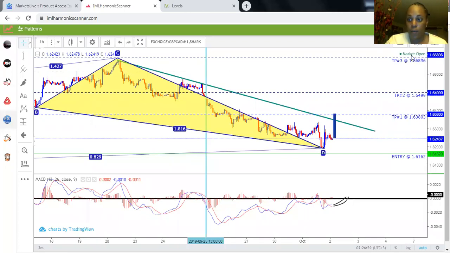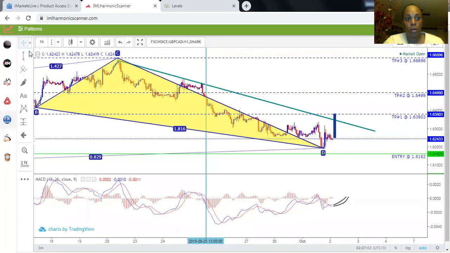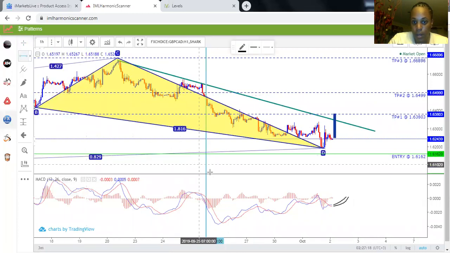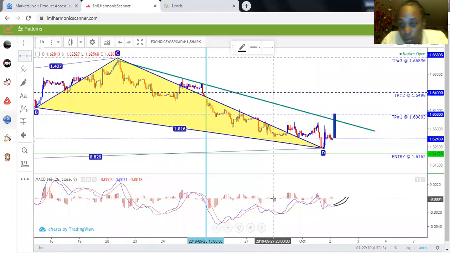So if you can't find the zero line, let me help you. So let's do the zero line again. This is what it looks like over here. You're going to come to your trend line and the arrow next to the trend line, you're going to click horizontal line, right? And bring your cursor down to where you see on the right hand side.